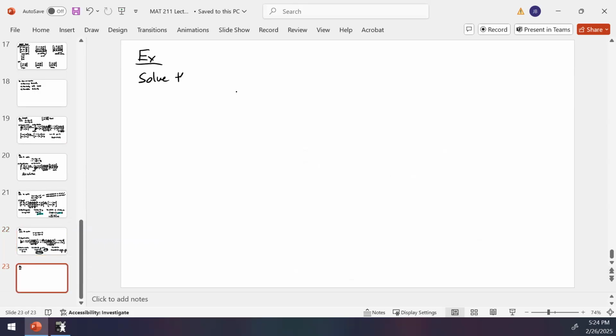Solve the system. So if you have something like this, x plus y plus 3z equals 2. Actually, I'll even do the spacing. Sometimes they don't do that, but why not? Y plus 6z plus w equals 9.